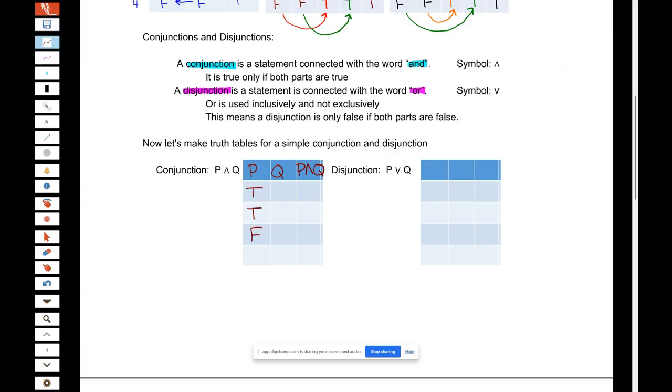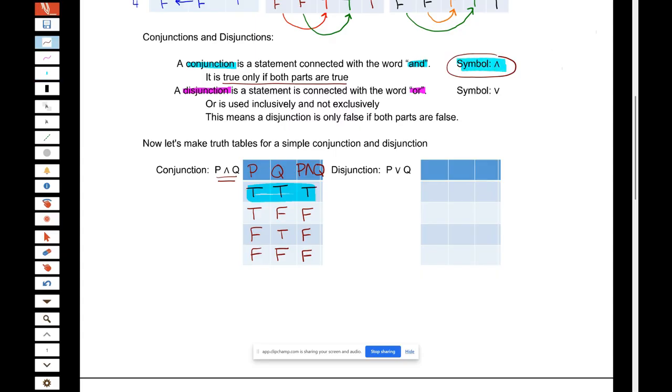And it is only true if both parts are true. So I am going to say my only true is here. If one thing doesn't happen or both things don't happen, the statement that P and Q both happen would be false. So I'm going to highlight where that true occurs to match up here.